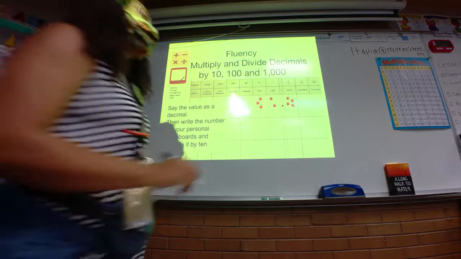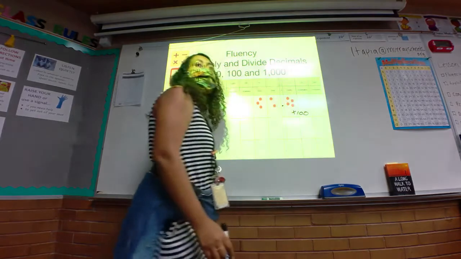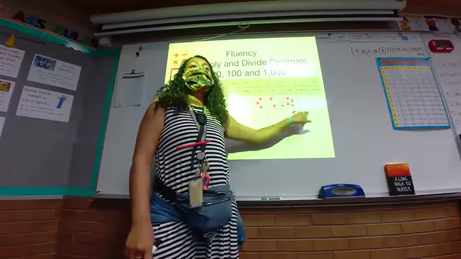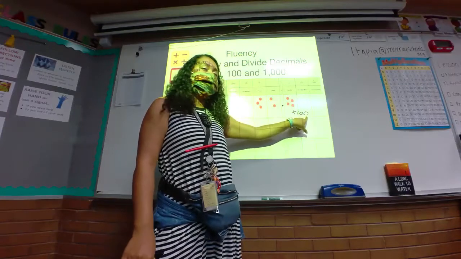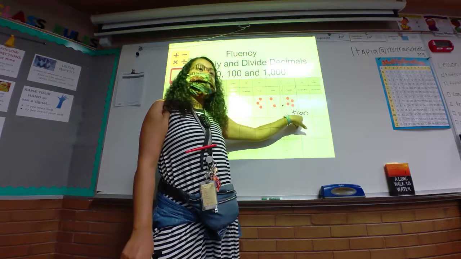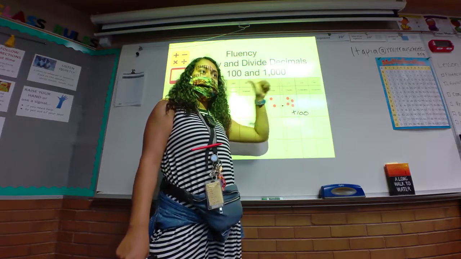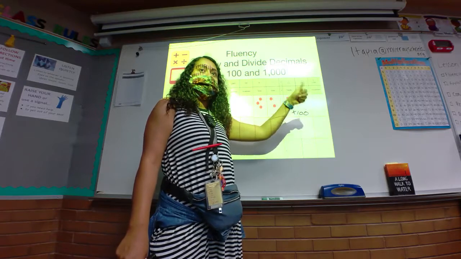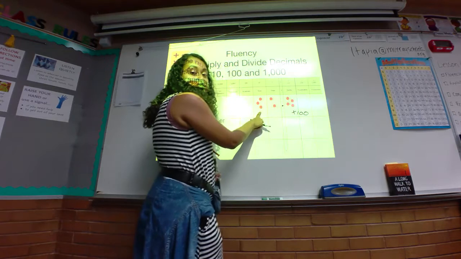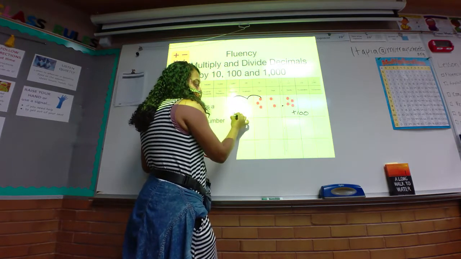Okay, so now let's multiply it by 100. Okay, so 100 is a power of 10. How many powers of 10 are in 100, Ledger? 2. So how many shifts do we need to do? 2 shifts. To the left or to the right? To the left. Okay, so I'm going to start on the left side. 2 shifts. Ready? 1, 2. Drop it down right here.